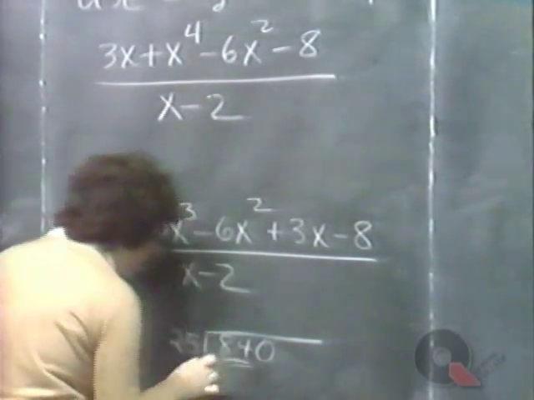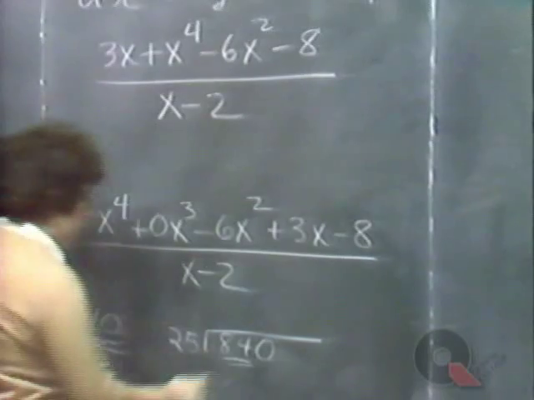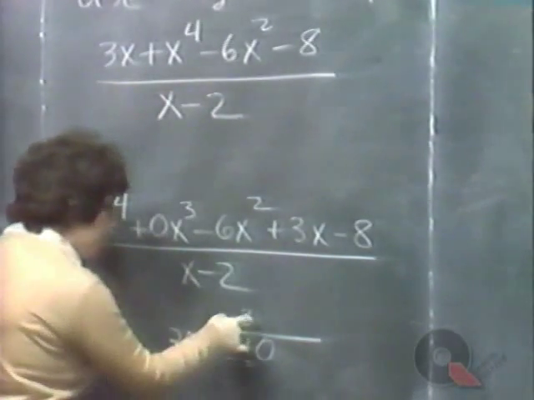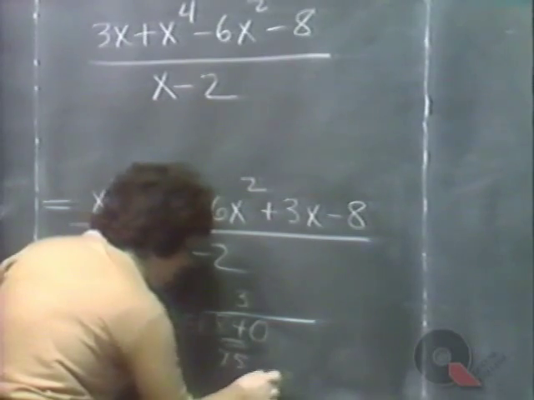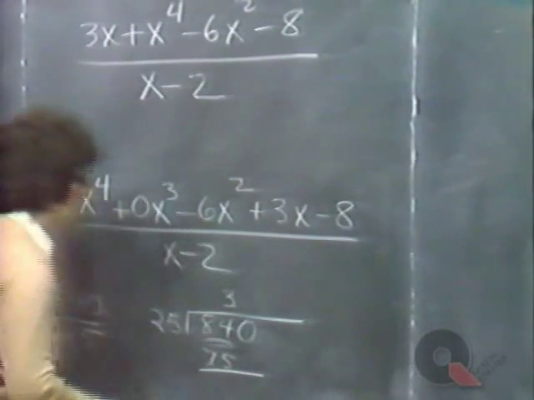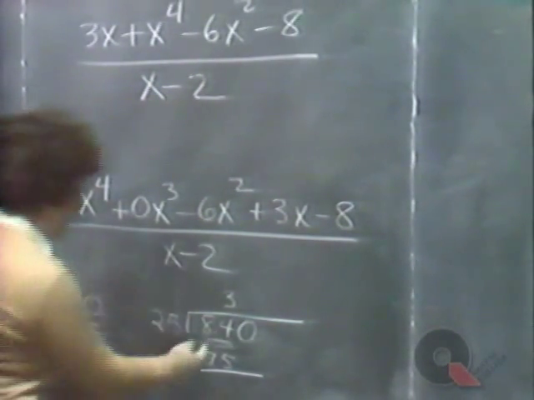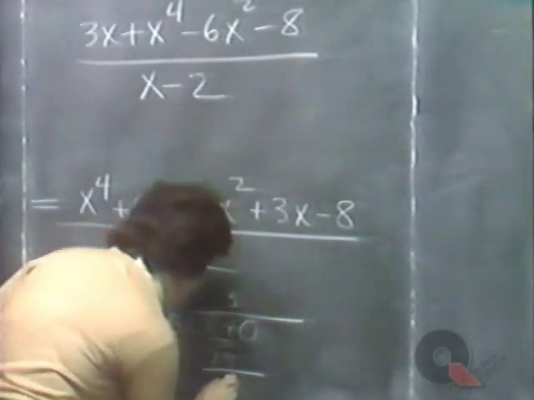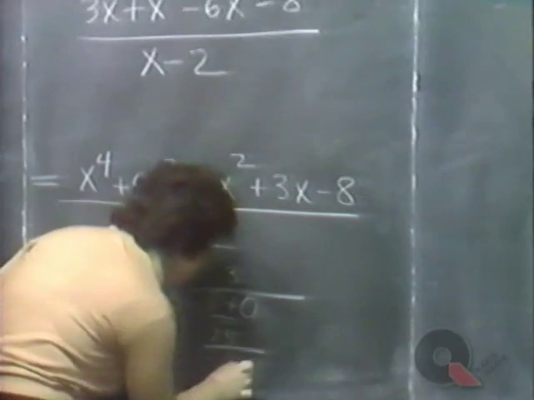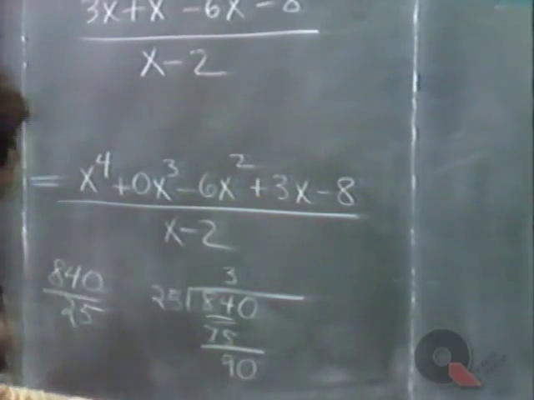We look at 84. 25 into 84 goes 3 times. 3 times 25 gives us 75. We subtract 84, take away 75, and we get 9. Bring down the 0, and we go again.